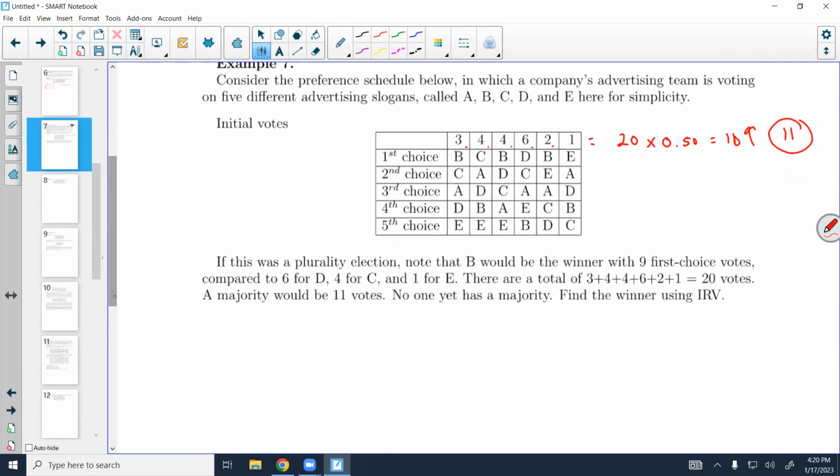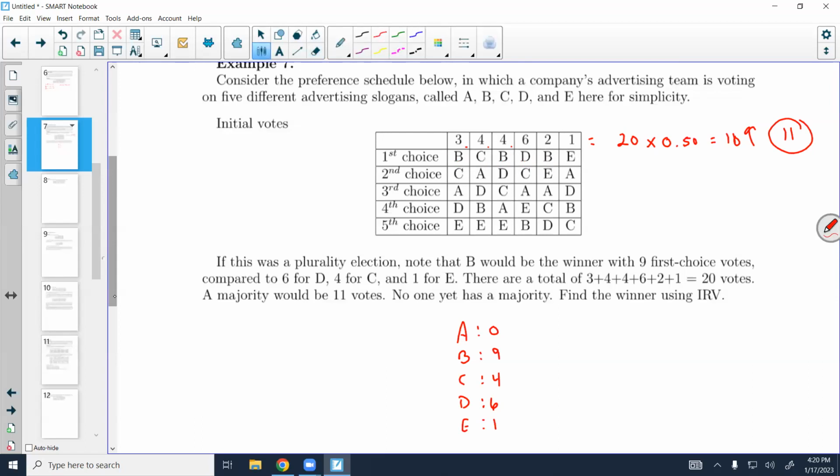So looking at this, what do we have? A through E. So any first place votes for A? Looks like 0. B, 3, 7, 9. C, 4. D, 6. And E, 1.